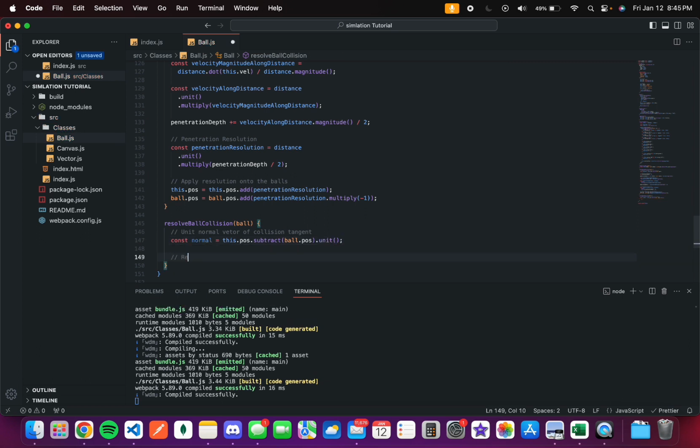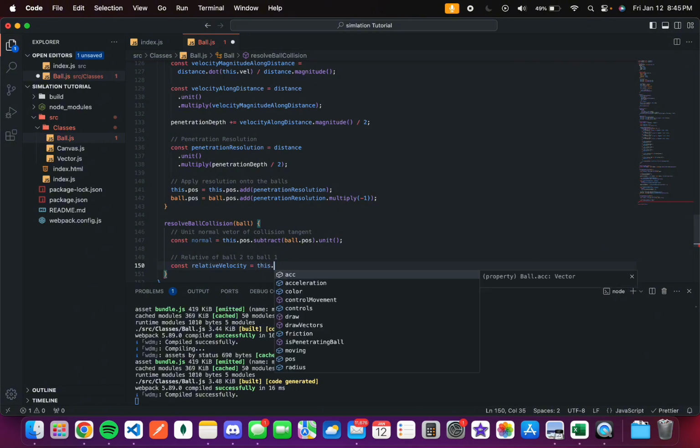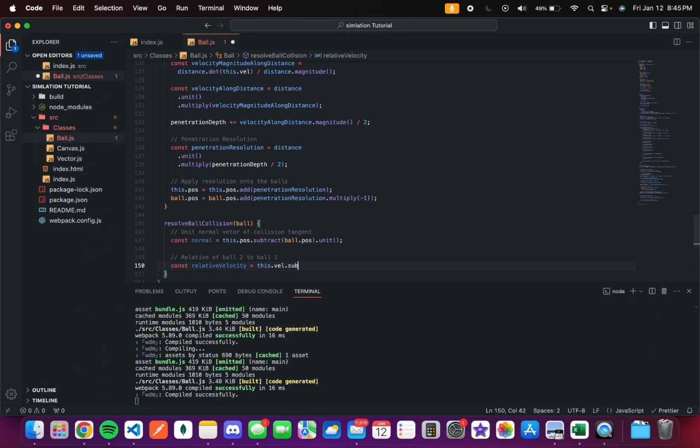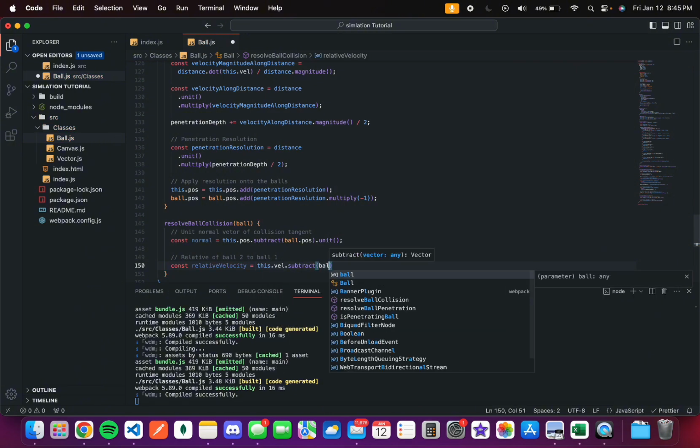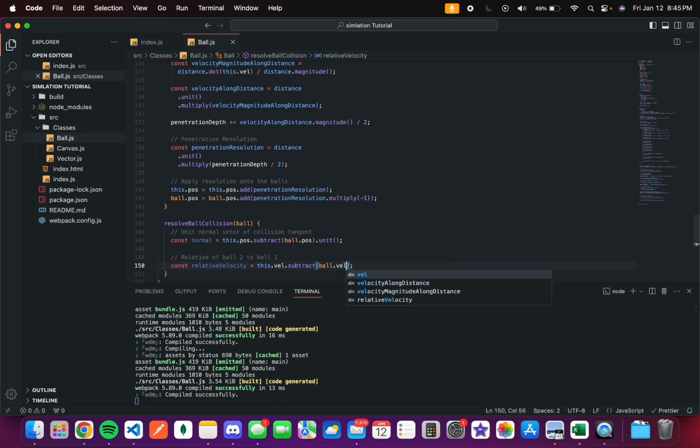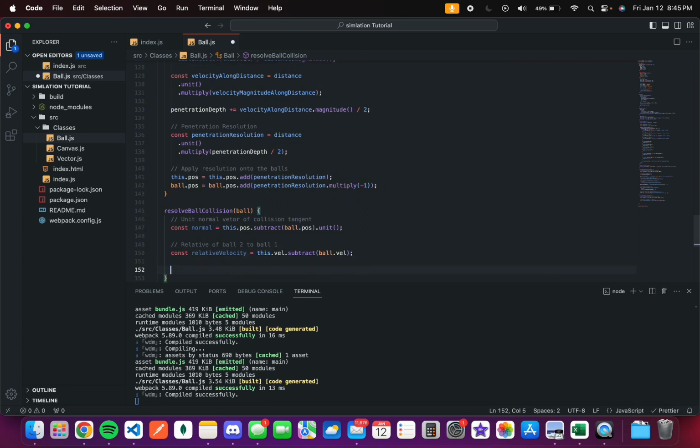Now we're going to need the relative velocity of ball 2 to ball 1, which in this case, ball 2 is ball over here, and ball 1 is this. So const relative velocity equals this dot velocity dot subtract ball dot velocity. Then we need the relative velocity along the unit normal.